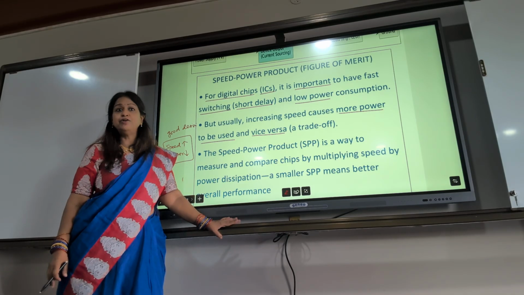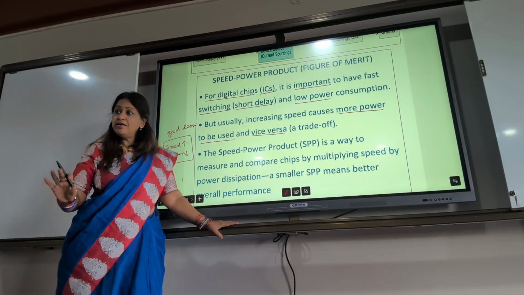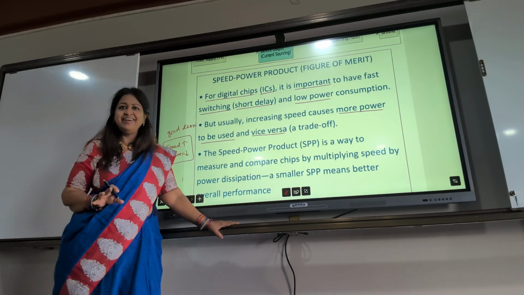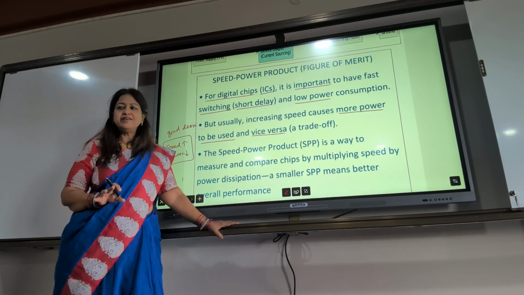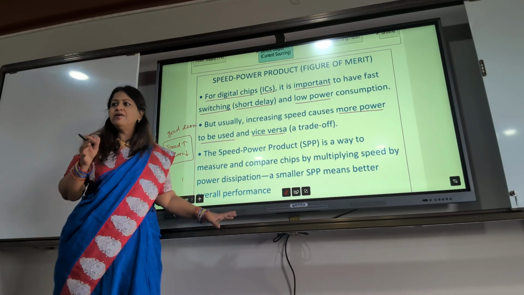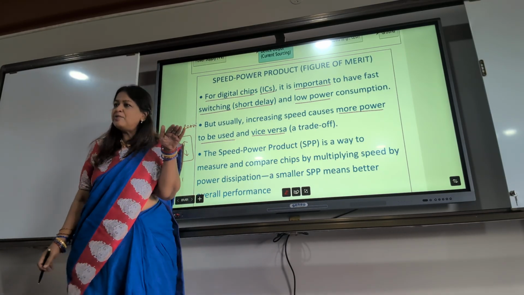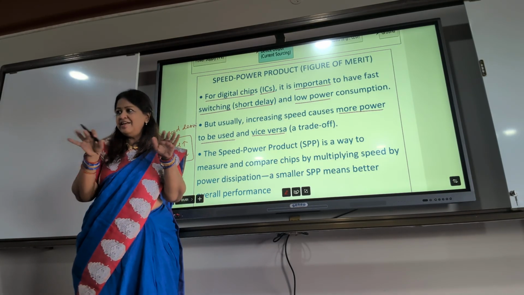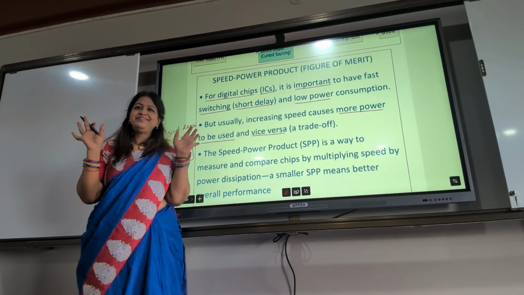Then design like that. Or no, it should not consume more power, even if it is slow, it is okay. Some people will say that. So if you want the product to be normal, you should expect the normal speed, the normal power consumption. Moderate. Then only you will get both.